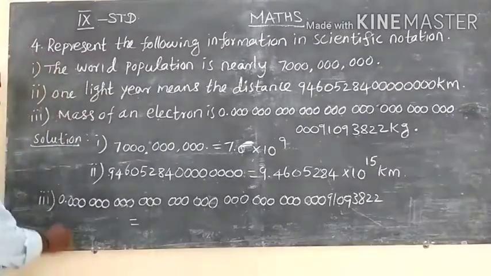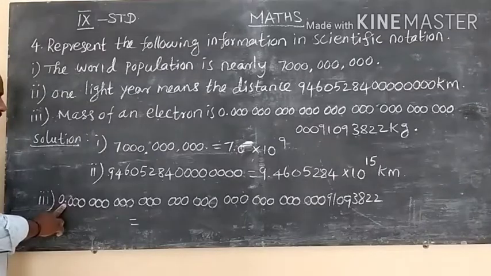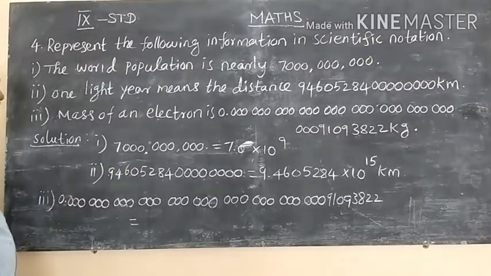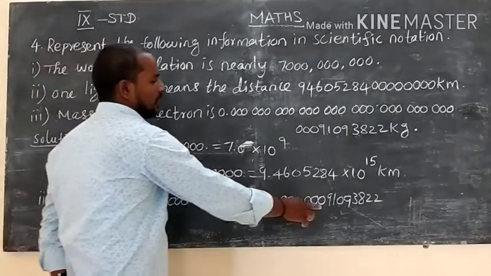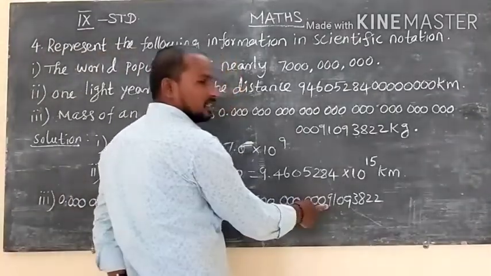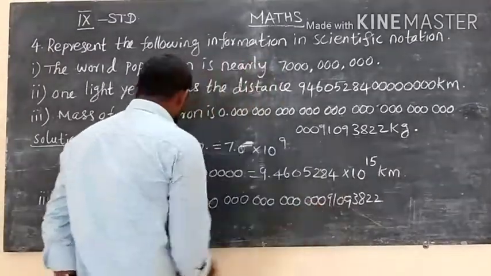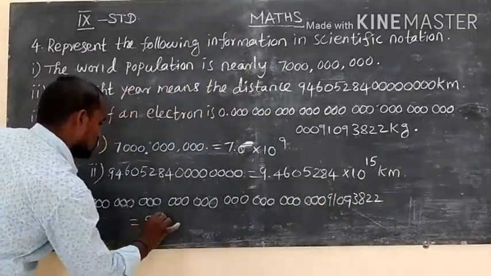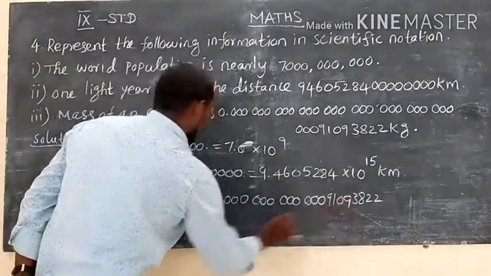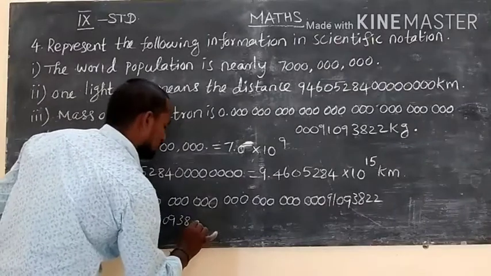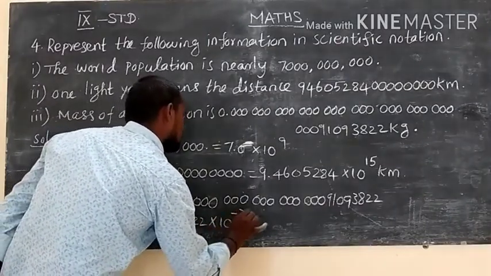Now the decimal is here, so making the shift left to right, we get the negative exponent. Left to right, here 3 more, so in this, 10 zeros make here 30. Okay, 30. Here 31. So 9.1093822 into 10 power minus 31.